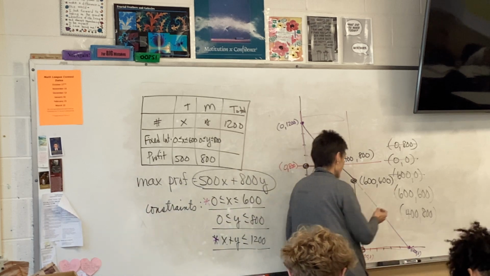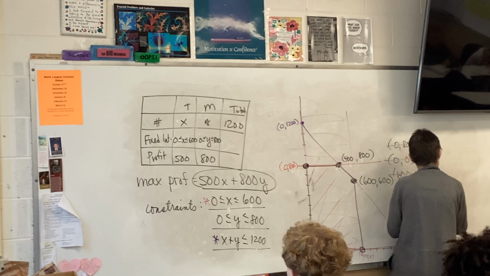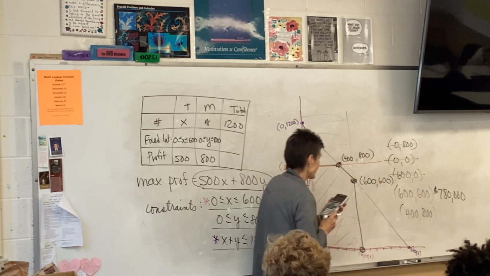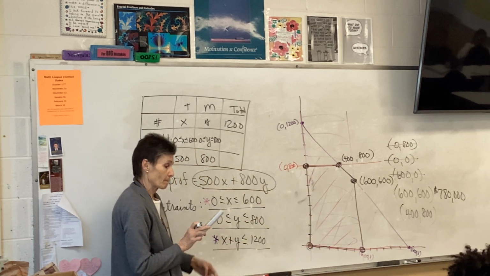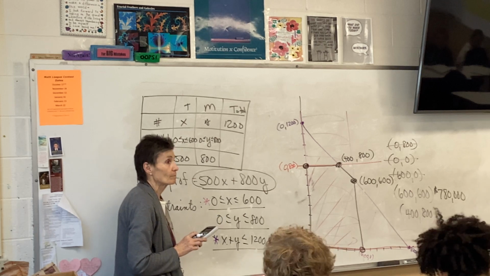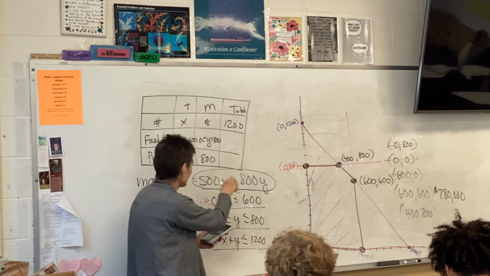And for 600, I got 780,000. Did I do that right? That seems quite good. That is a lot of cars. That was for 600. Okay? And then I'll do 400, 800.